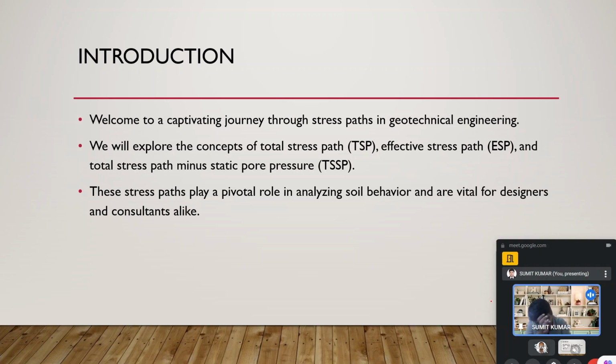Stress path is the curve between P and Q, where P is sigma 1 plus sigma 3 by 2, and Q is sigma 1 minus sigma 3 by 2. The P value is drawn on the x axis while the Q value is drawn on the y axis. Those are the terms you must be aware of while solving problems related to that, and the significance of studying these also needs to be understood.